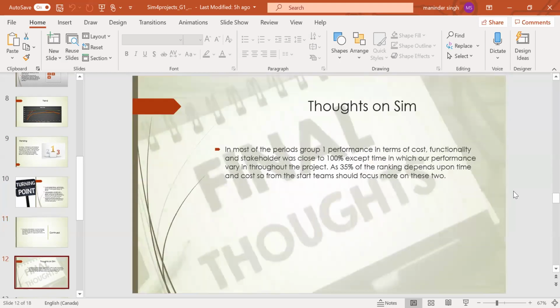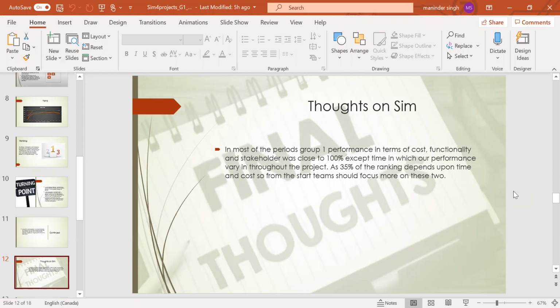Hello. So now I will talk about thoughts on the SIM project. In most of the periods, Group 1 performance was up to the mark. We were able to handle our project in terms of cost, functionality, and stakeholder, except for the time, as we were struggling throughout the periods.